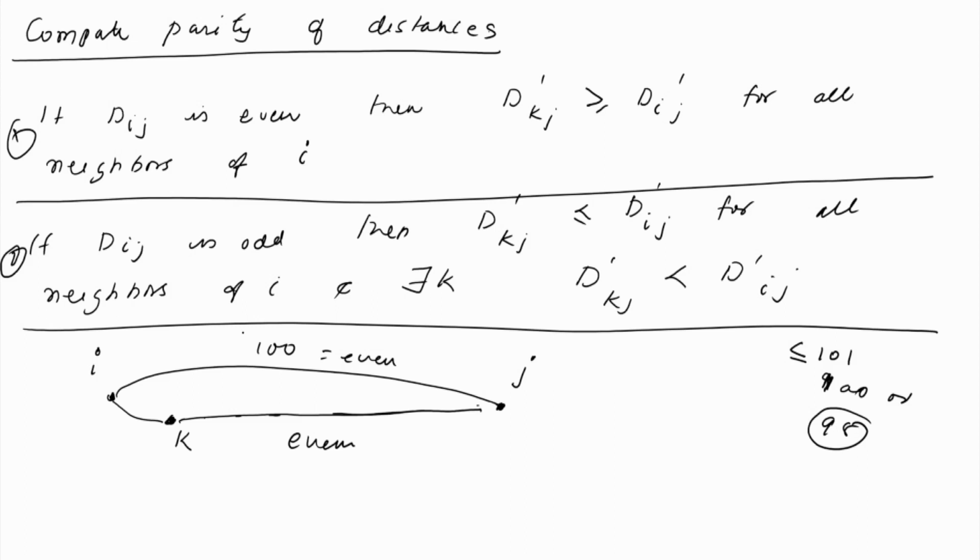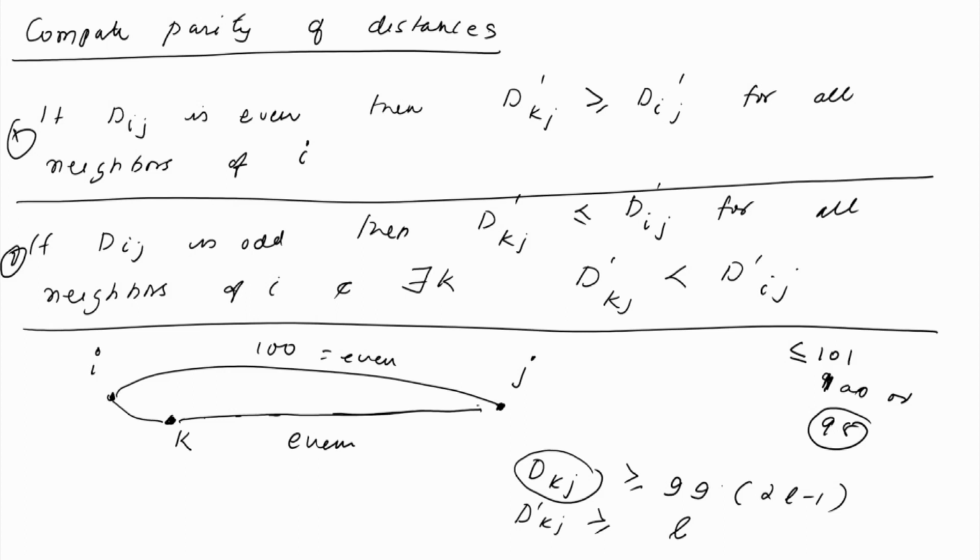So, if the i to j path is even, dkj for any neighbor is going to be greater than or equal to 99, or greater than 2l minus 1. And therefore, by the previous lemma, d prime kj is going to be greater than or equal to d prime ij, which is just going to be half, so 50 or l, and dkj is going to be greater than or equal to l.